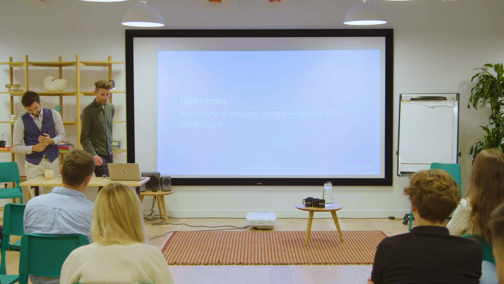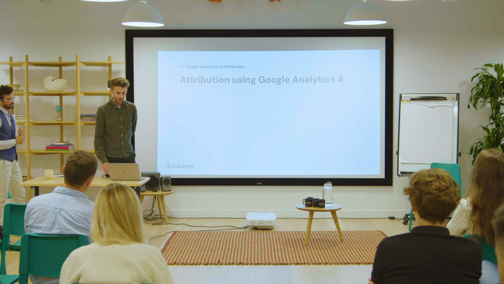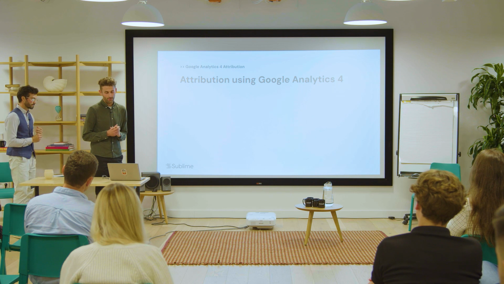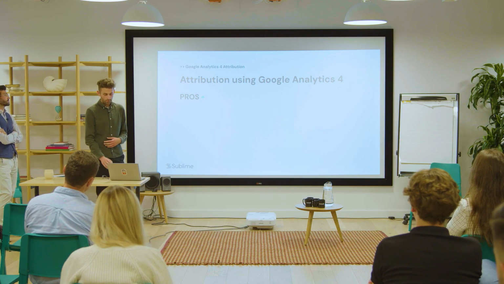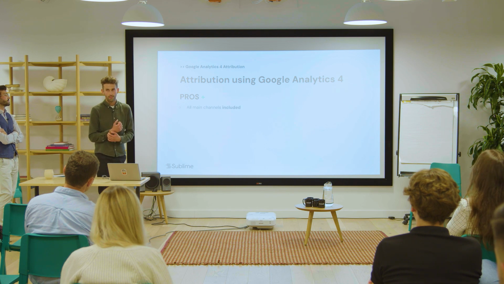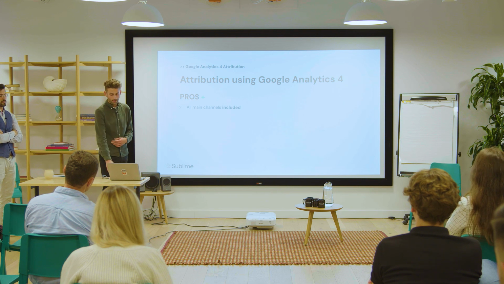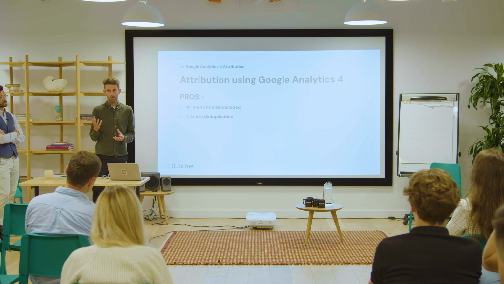Thanks. So I start my part by being the judge of Google Analytics 4 and saying how our clients are using it, what the good sides are and what the worst sides are. On the pro side, this is the place where you have all the main channels included, and in this way you get rid of those channel overlaps that you have in ad platforms.